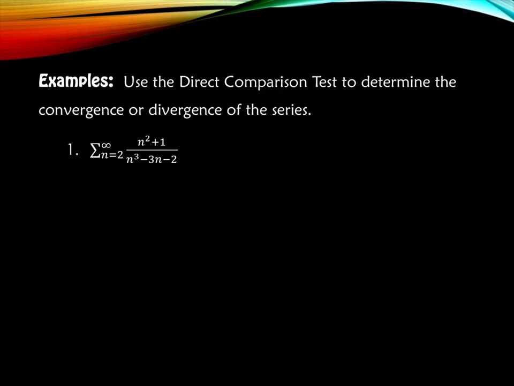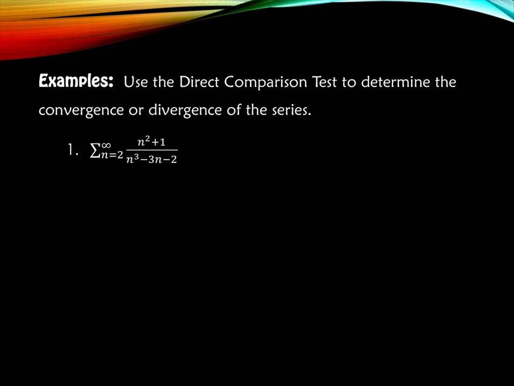We're going to use a direct comparison test to determine the convergence or divergence of the series. So we only have one series given to us, right? So there's only one sequence listed here. It's n squared plus 1 over n cubed minus 3n minus 2. And as you're looking at this, one of the things that you might make note of to yourself right away, because it is sometimes helpful, is what approximately is this series?